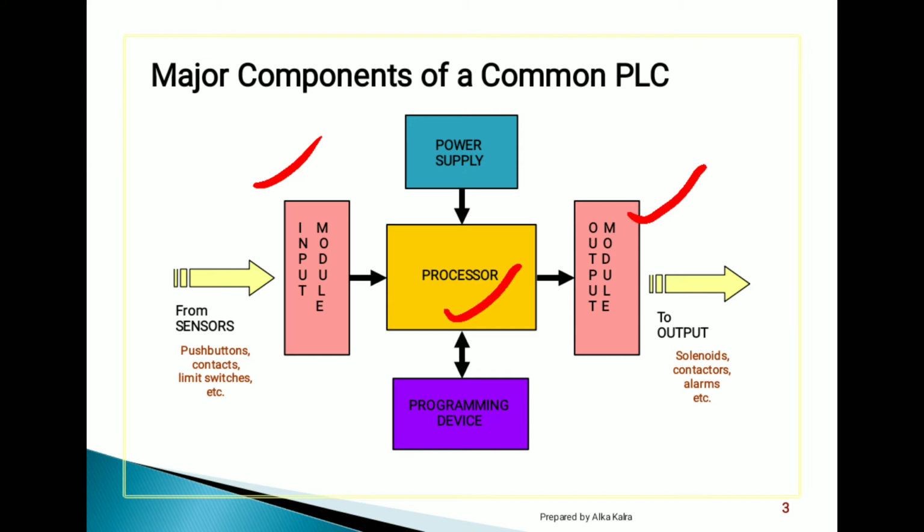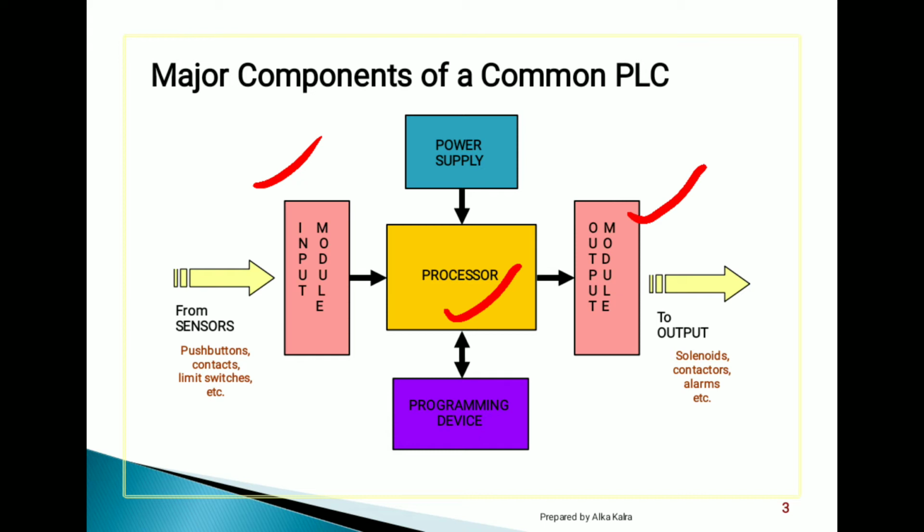So basically it is controlling the output devices. If it gives 1, it will tell the output device to switch on. When it gives 0, it will tell the output device to switch off. So in this way the output devices are controlled through the processor.